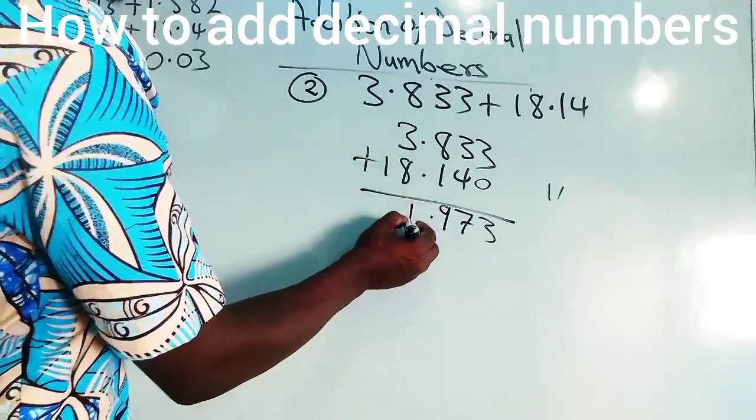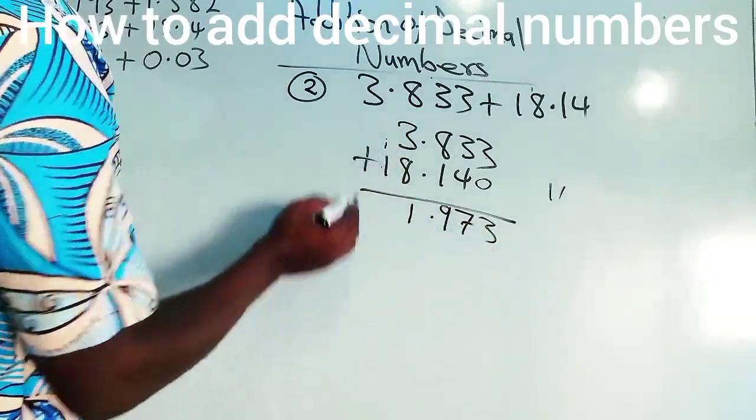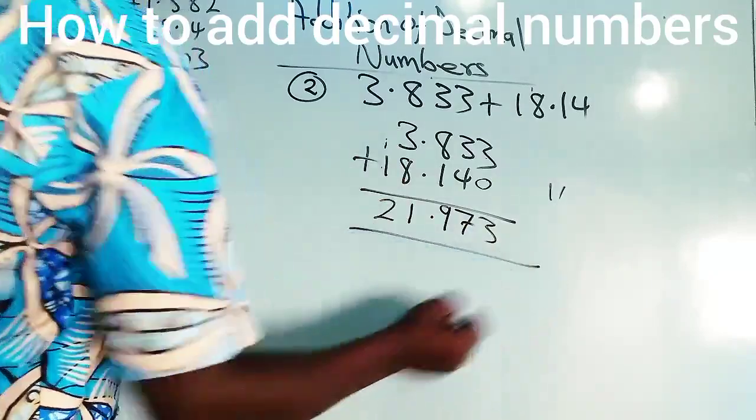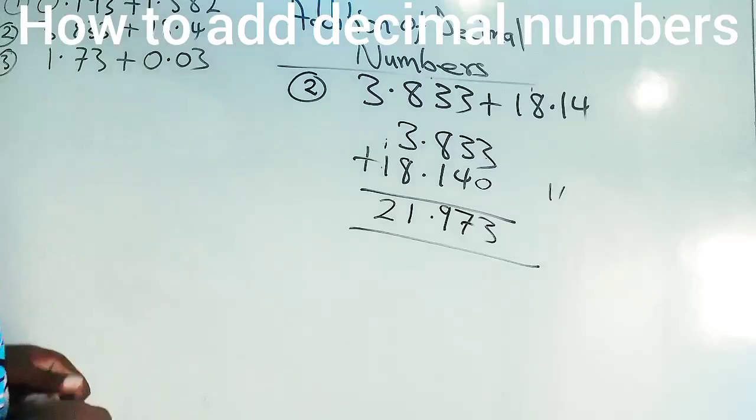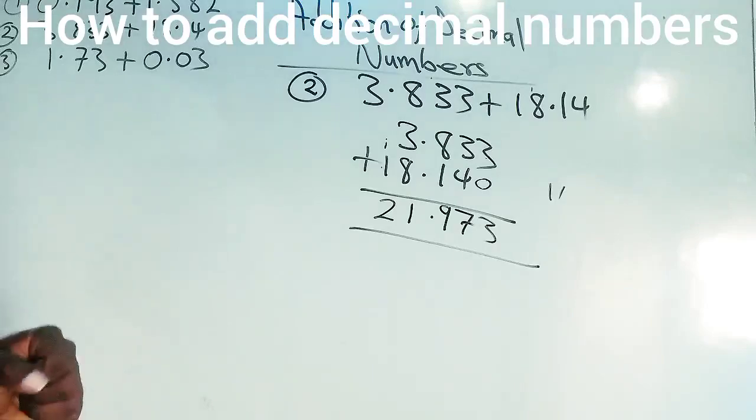So you write your 1, and the other 1 you bring here. So 1 plus 1 will give you 2. Therefore, 3.833 plus 18.14 will give you 21.973. If you get this one also correctly, kindly comment in the comment section below.